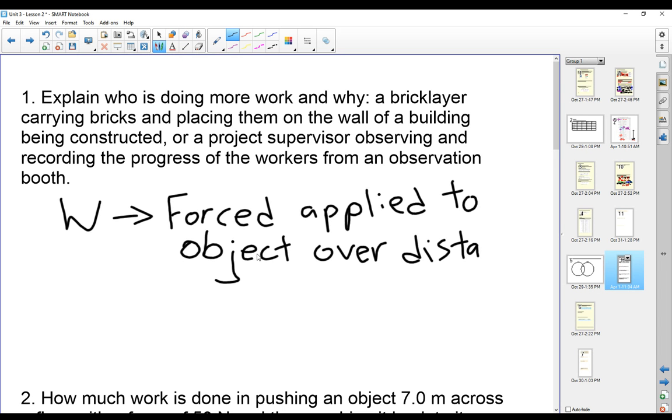For those fans of The Office out there, why use more word when few word do trick? This is just a shorthand of saying work is when a force is applied to an object over a measured distance. So the bricklayer is doing more work.